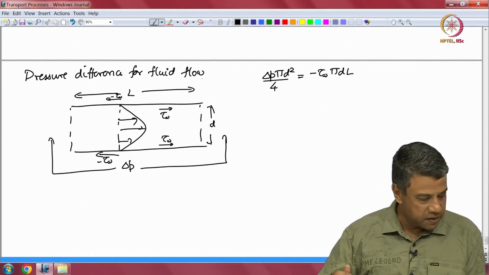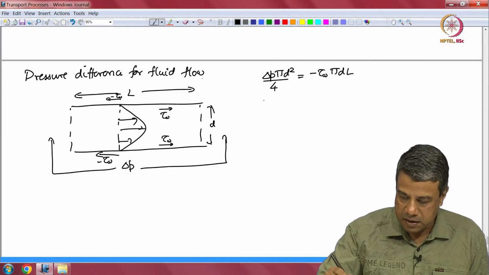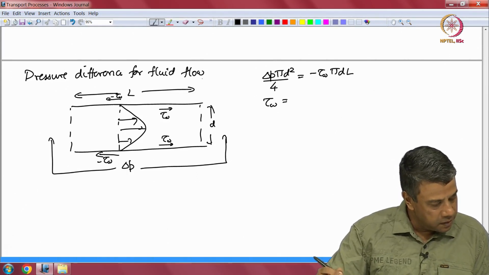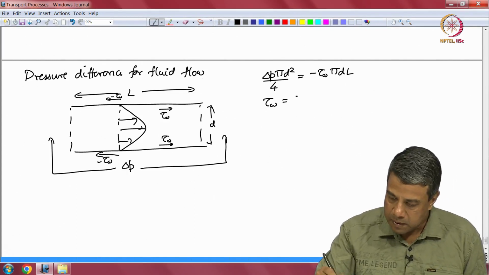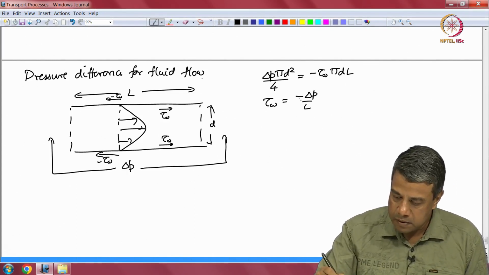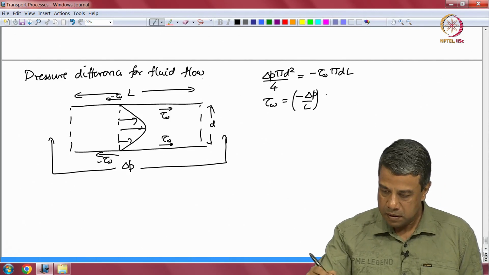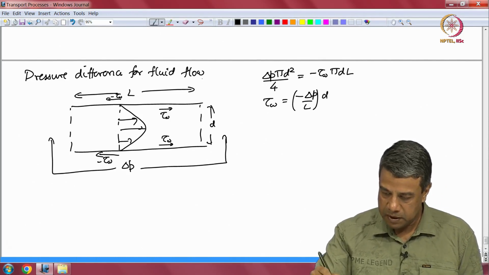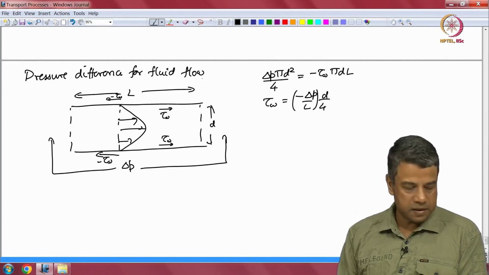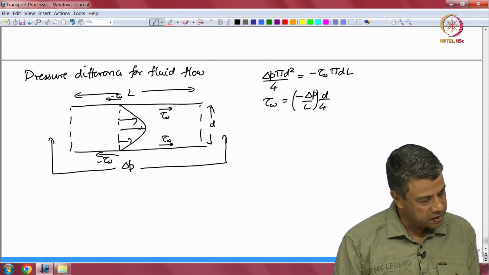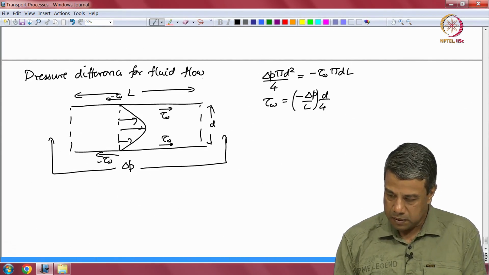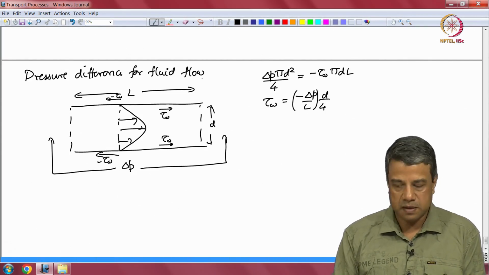So, this straight away gives a relation between the wall shear stress and the pressure difference. Tau w is equal to minus delta P by L into d by 4. That is the relation between the wall shear stress and the pressure difference.